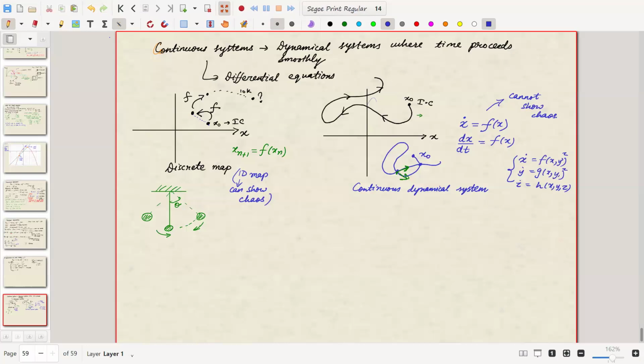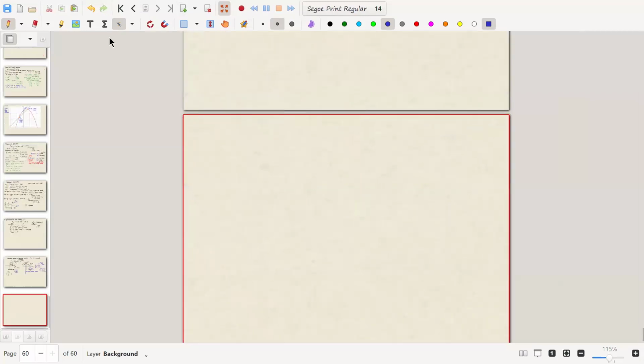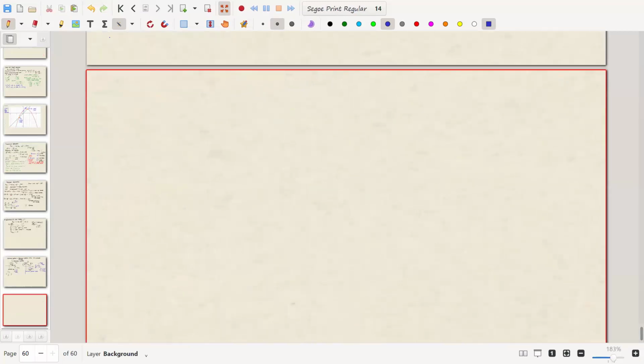What is a phase portrait? If x and y are your variables, then you can draw this continuous dynamical system starting from any initial condition and see how it goes. This is known as a phase portrait.